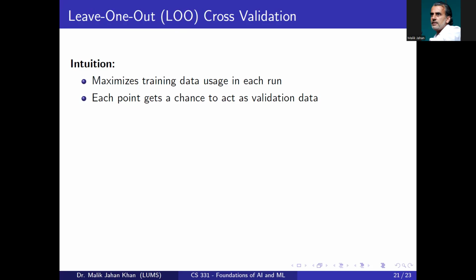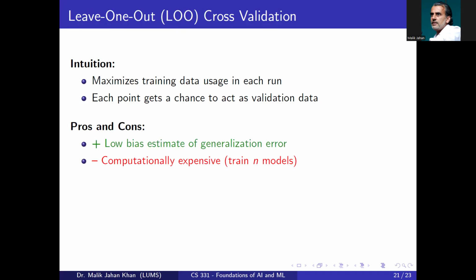It just takes one example out at one time. And each part eventually independently gets a chance to act as the validation data. So low bias estimates of generalization error are expected if we apply leave one out.